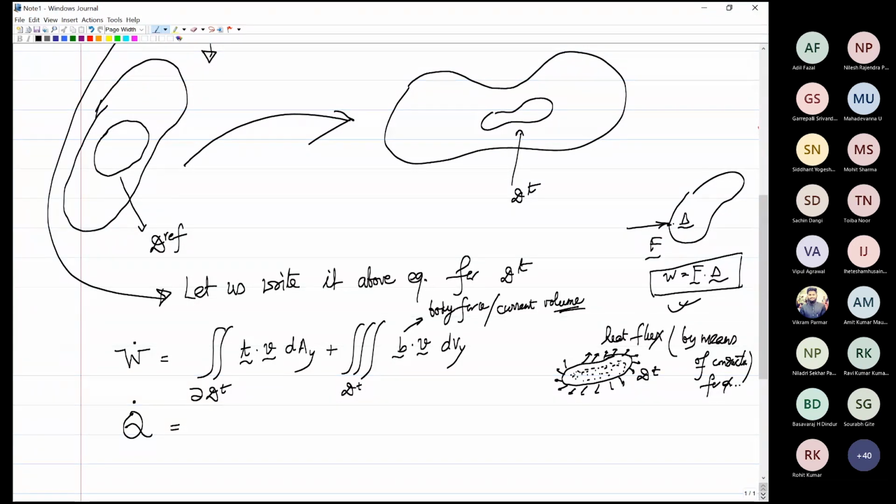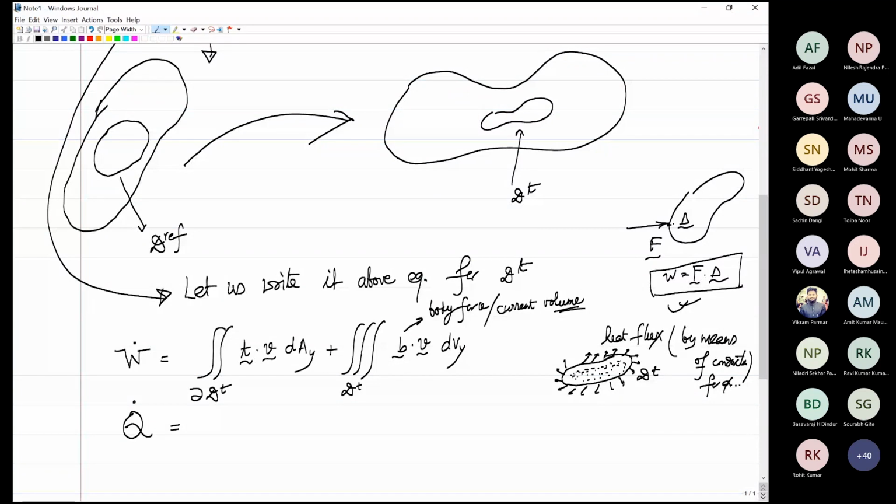To every particle, for example, when electric current is passing, then due to current, heat generates, right? If there's some resistance, then the heat generates, and that is at every particle of the body. So we can have a source of heat over the surface, and we can have a source of heat over the volume. Just like we did for the forces, we can also think of the same for the heat.